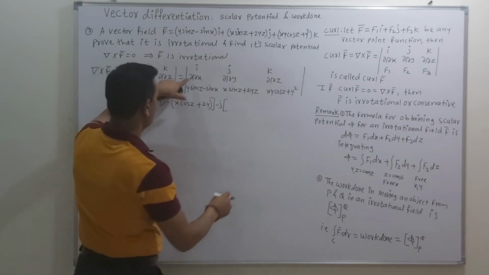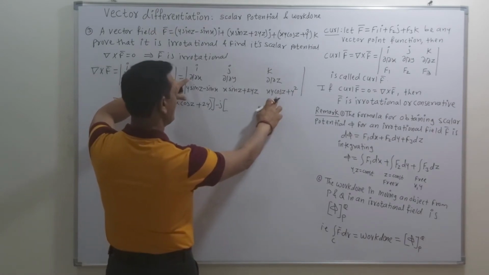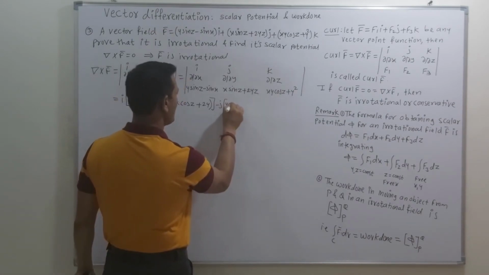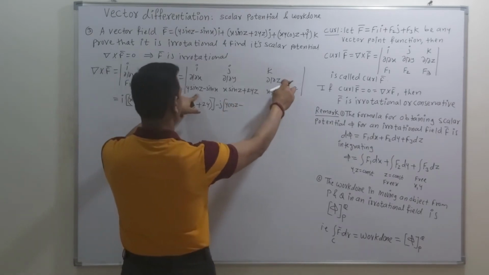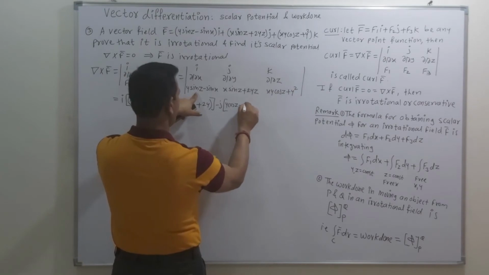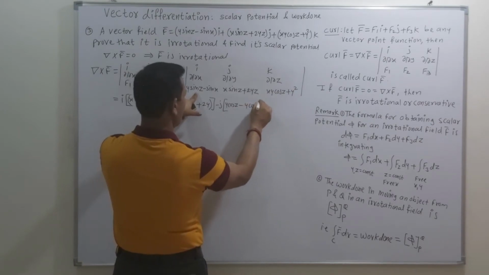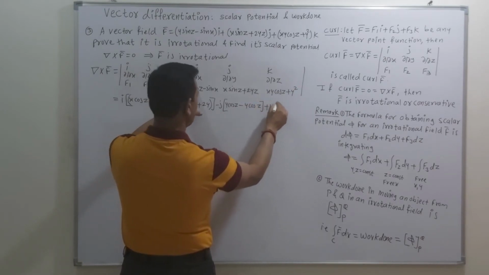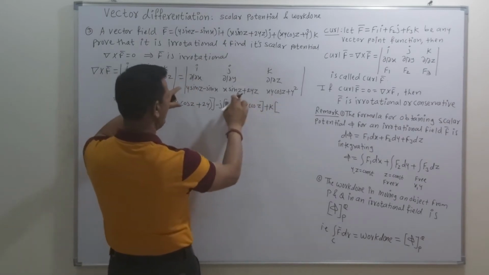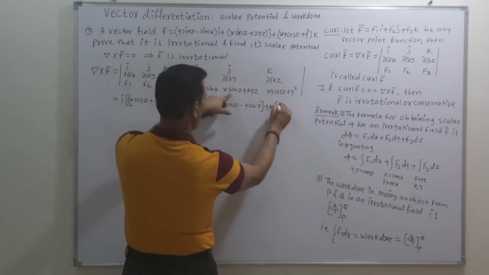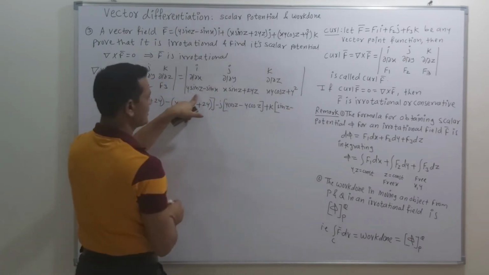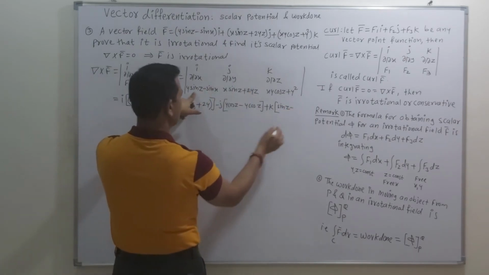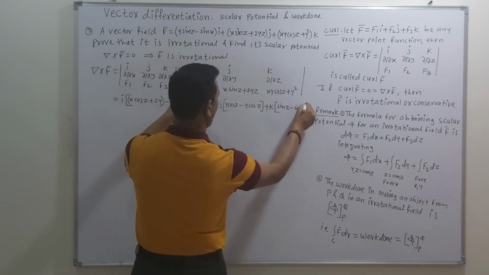Now friends, take the derivative of this function with respect to x, which is y cos z, minus, again take the derivative of this function with respect to z, which is y cos of z, plus k times. Now take the derivative of this function with respect to x, which is sin of z, minus the derivative of this function with respect to y, which is again sin of z.